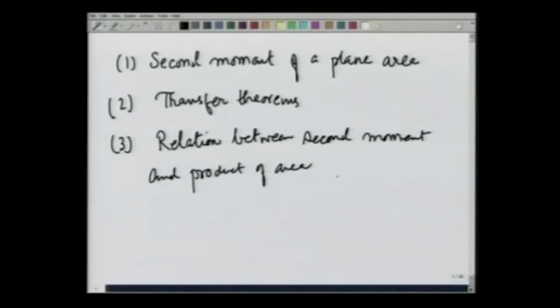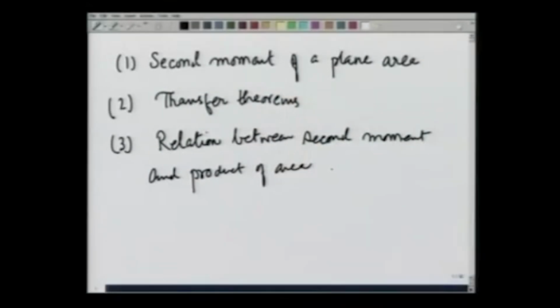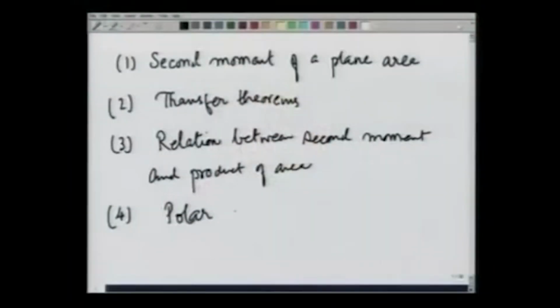In particular, we will be focusing on how second moments and products of area, which we will define later in the lecture, change when we go from one set of axes to another set which are rotated with respect to the other. And then we will be talking about the polar moment of an area.